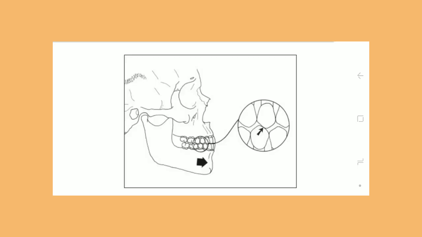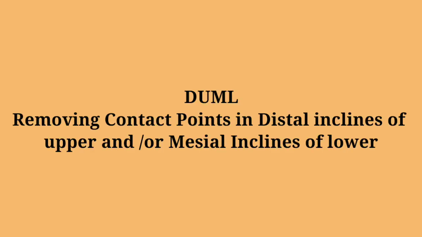How can we do that? The rule for removing protrusive interferences is summarized by four letters, DUML. It means grinding the distal inclines of the upper teeth or the mesial inclines of the lower teeth.